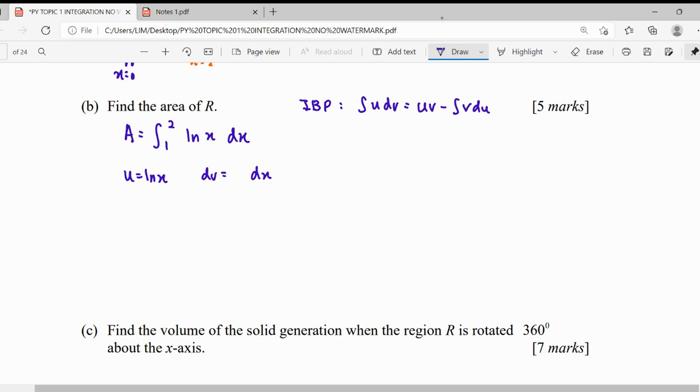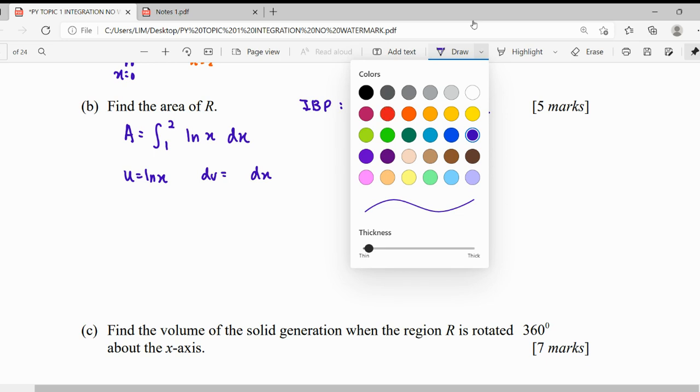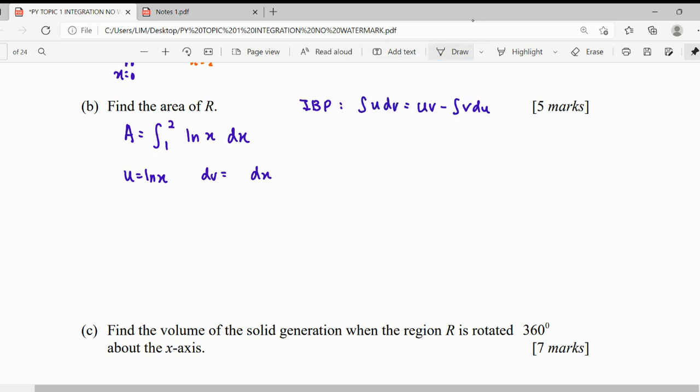For the u part, when we want to perform the method of integration by parts, we have to find out what our du is. For v, we have to find out what our v is, so that we can apply them into the integration by parts formula.